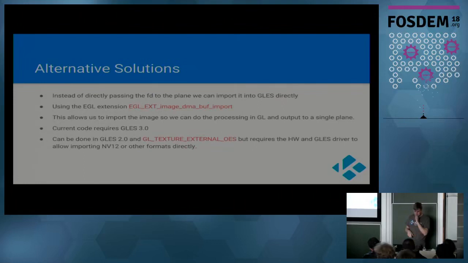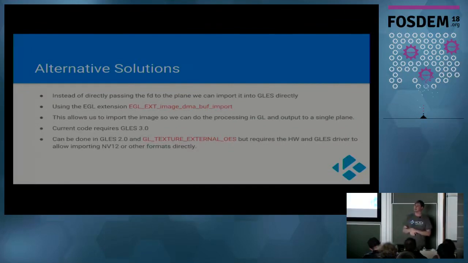So there are some alternative solutions that we've had to come up with, and this was really only spurred by that IMX6 board that doesn't support plane scaling. We had to look into other solutions, and they all involve using OpenGL, and in this case, OpenGL ES.